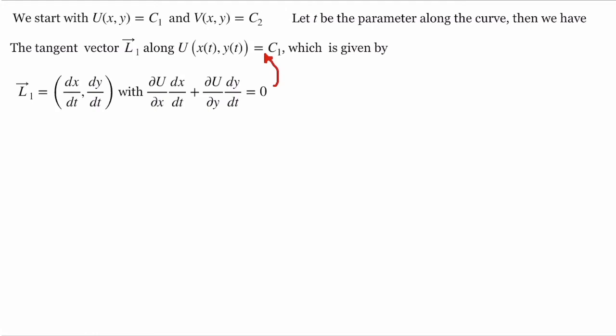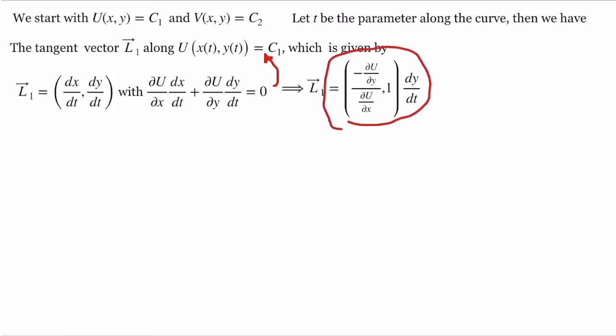So this is nothing but saying that you have a family of curves u(x, y) = constant. Now we can substitute this back into our tangent vector and write this cumbersome equation, but actually it is fairly simple. You can see that dy/dt factors out.